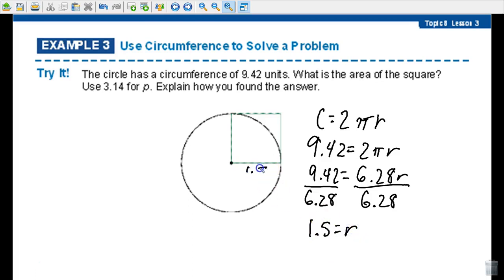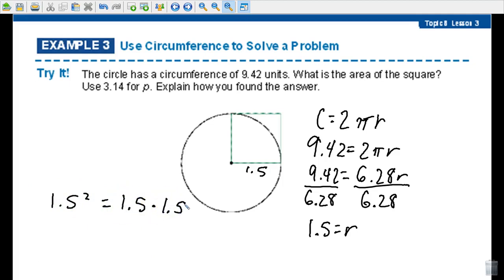So this is 1.5. Now I need to find the area of the square. And how do we do that? Well, you can do length times width, base times height, whatever you want to call it, 1.5 times 1.5, or you can just say 1.5 squared. It means the same thing, 1.5 times 1.5.